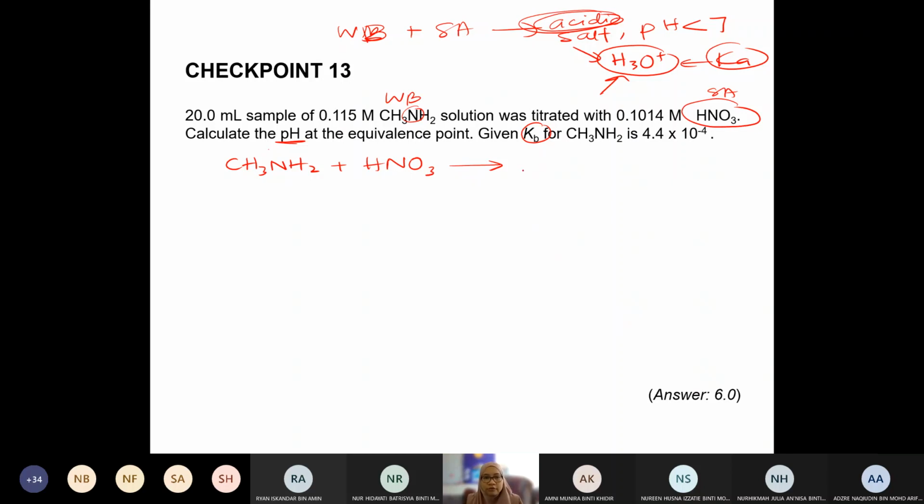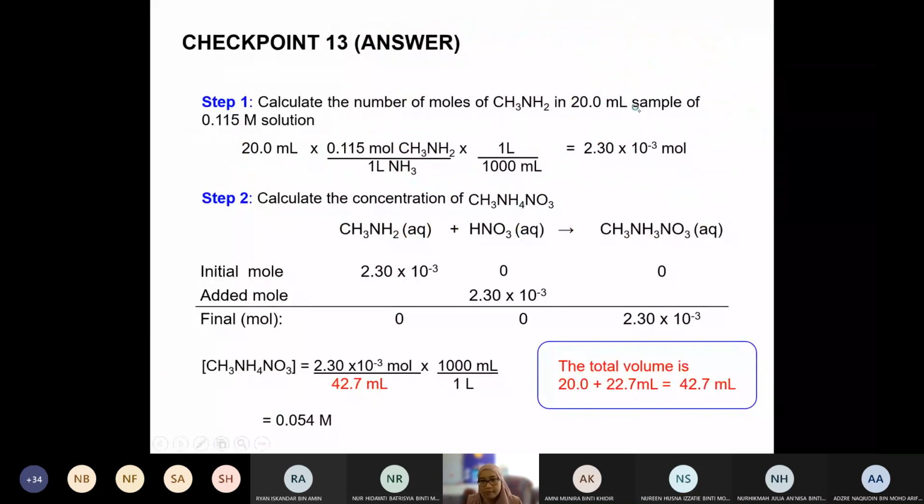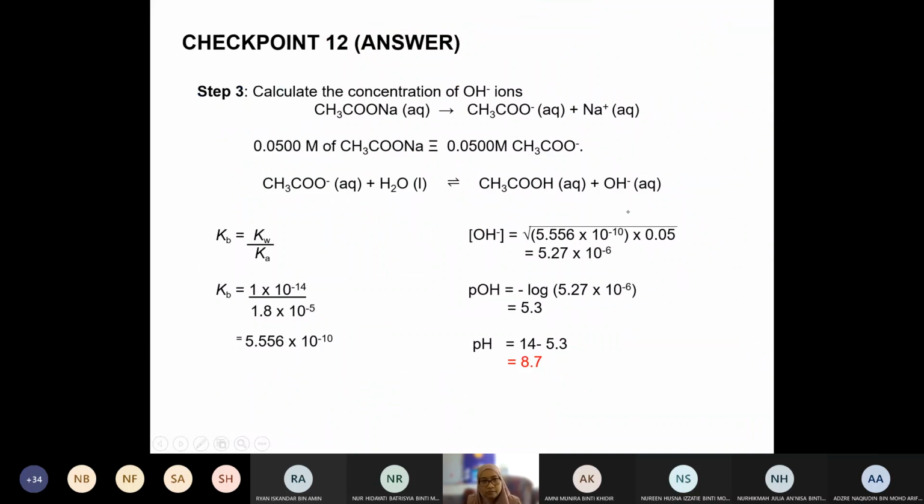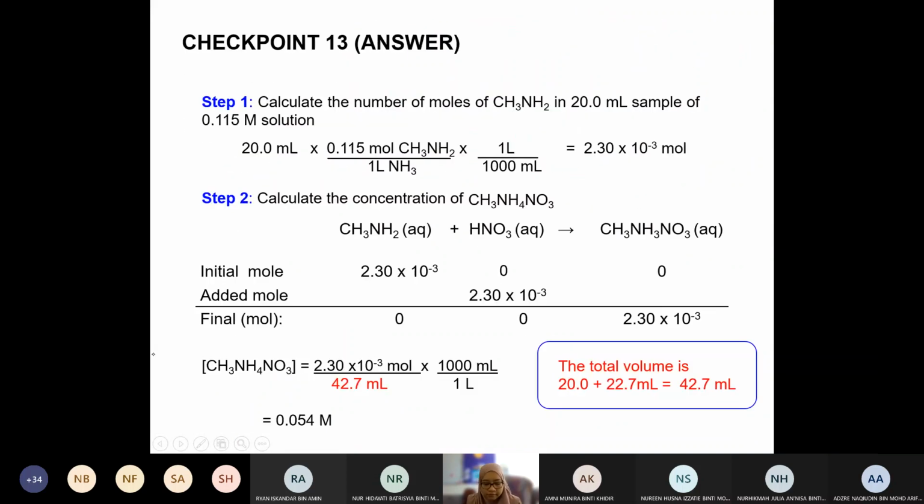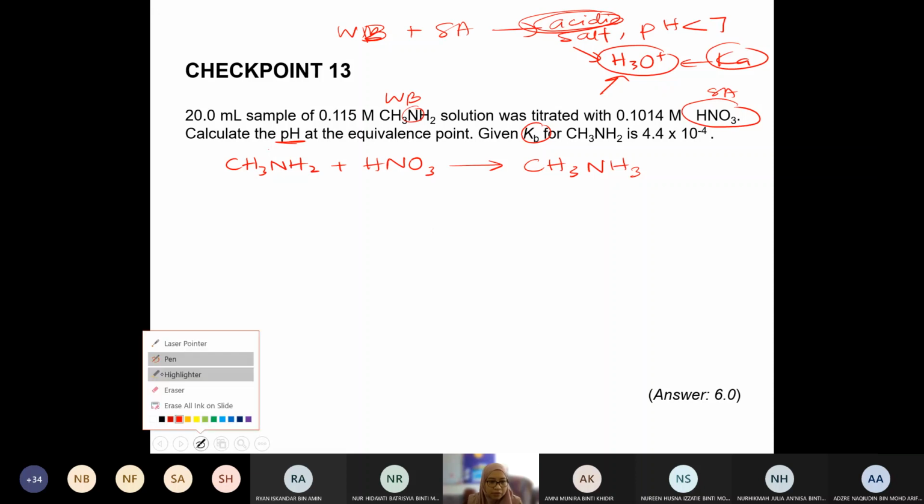Alright, so the product will be CH3NH3, okay, this is an ion, NO3.